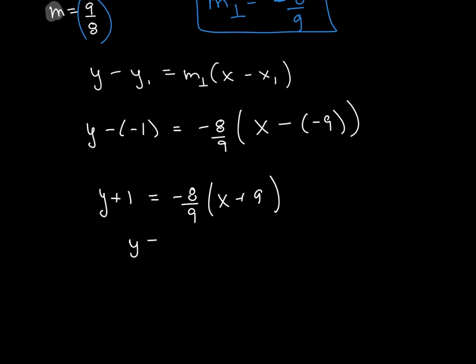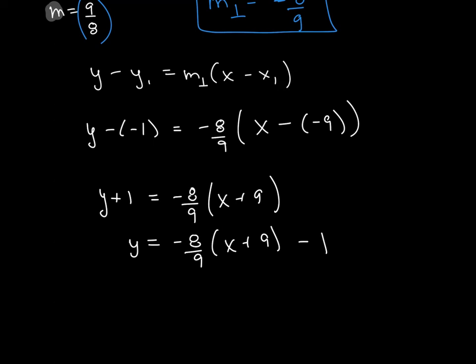I can solve it and just write this as y is equal to negative 8 over 9 x plus 9 minus 1, and I did that by taking that 1 and moving it over to the other side and changing the sign.